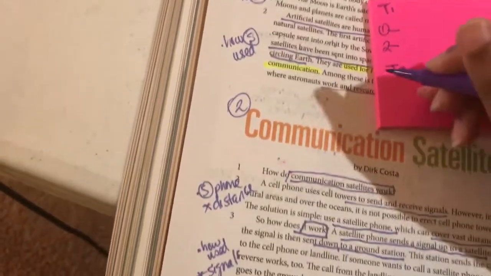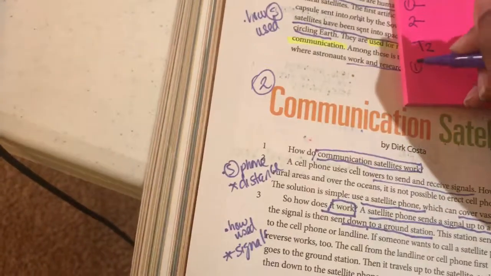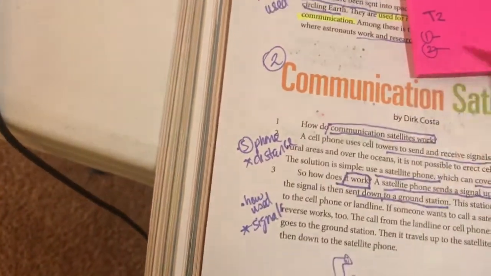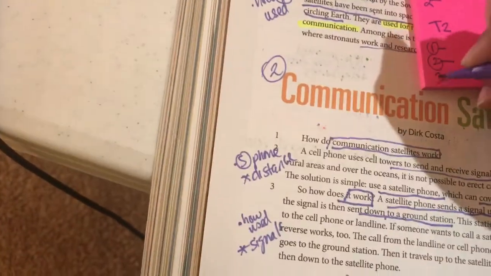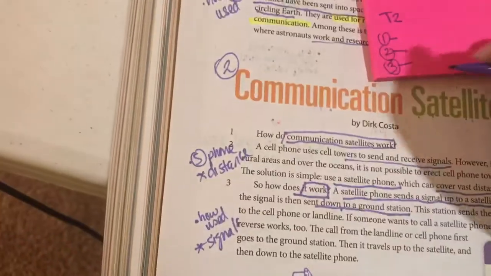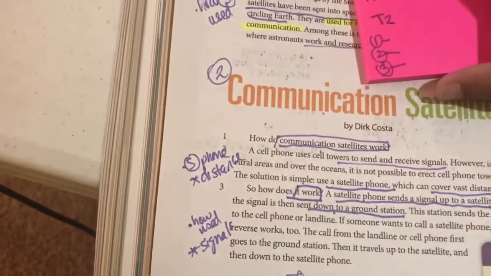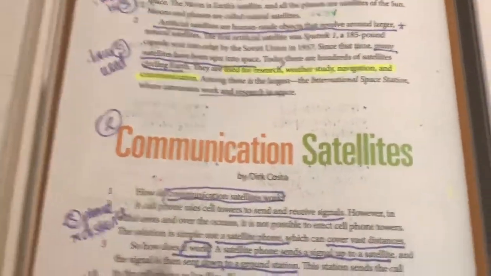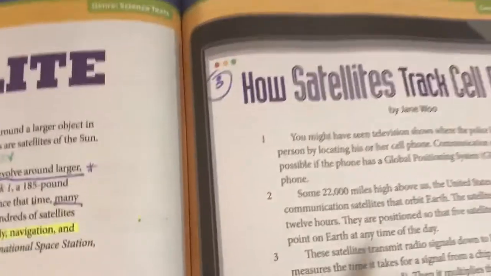Text 2, right? Paragraph 1, 2, we didn't have anything. Paragraph 2, you'd write down satellite phone and distance. Paragraph 3, just like this, keep it simple. How used and signals, just like that, okay? Just in case you're using a piece of paper.